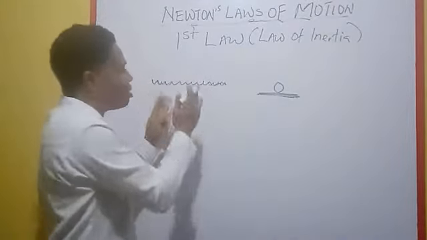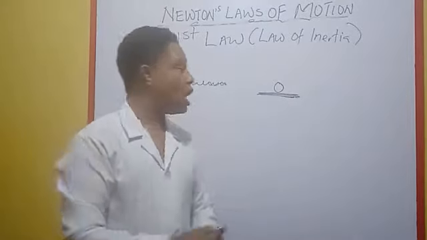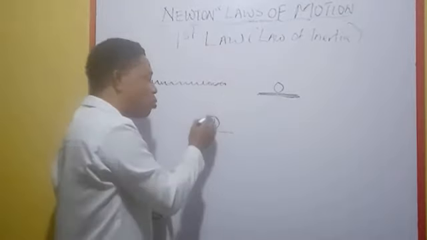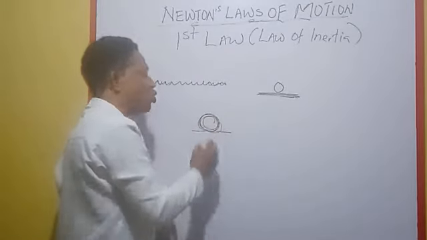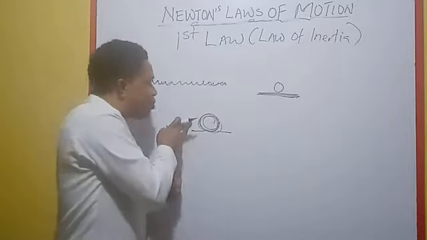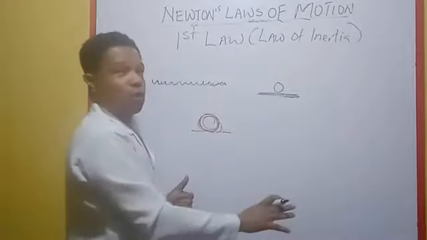So the first part is that if a body is at rest, if I'm standing on one spot like this, or I keep an object here, this Newton's law says that this object will remain on this spot forever unless there is a force that acts on it that will cause the object to move.